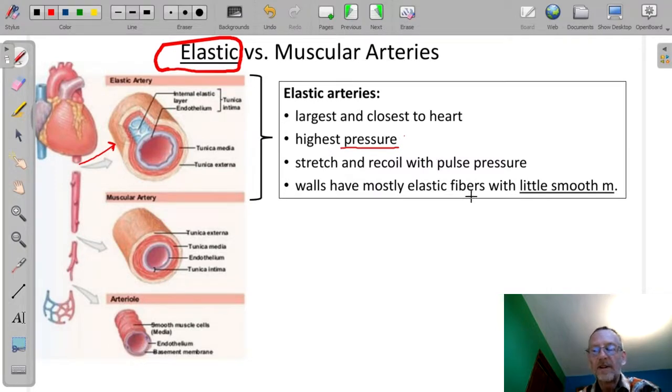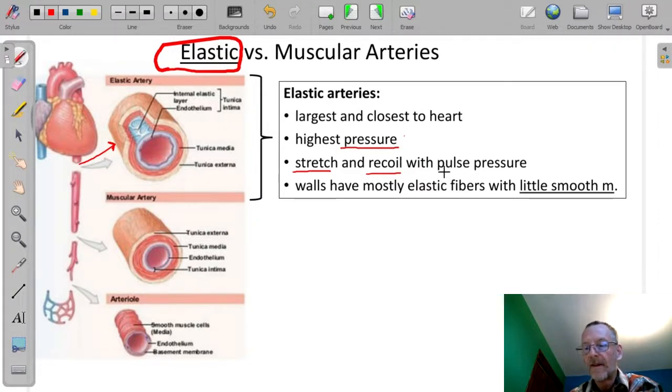What's unique about the elastic arteries is that they stretch and then recoil with the pulse pressure, the difference between the systolic and the diastolic. The pulse pressure is what you feel at different pulse points, like when you take a radial pulse at the wrist.